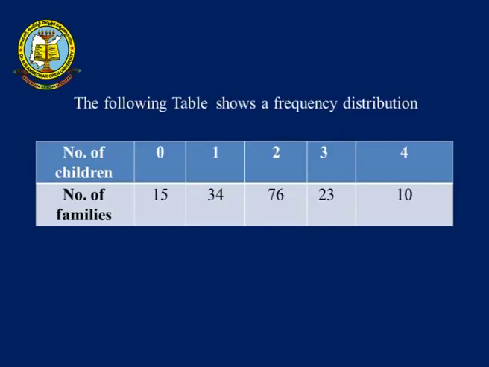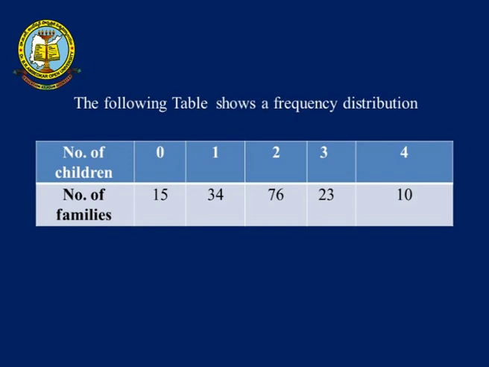Example, the following table shows a frequency distribution. For example, number of children, number of families: 0 children in 15 families, only 1 child in 34 families, 2 children in 76 families, 3 children in 23 families, 4 children in 10 families.